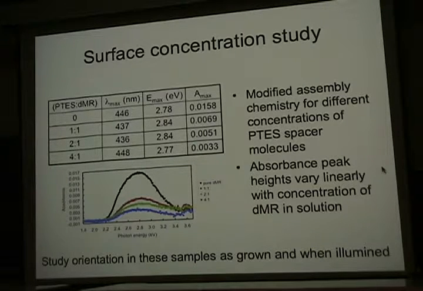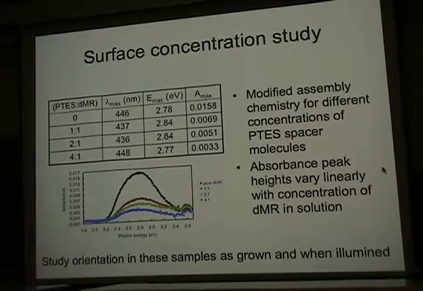And then you introduce into the surface attachment chemistry that puts this DMR molecule on a glass slide a spacer molecule. So it has the same attachment chemistry, but it's optically transparent and small enough that it shouldn't interfere with the DMR molecule. And if you do that, you can create these different samples that have sub-monolayer coverages of the dye.